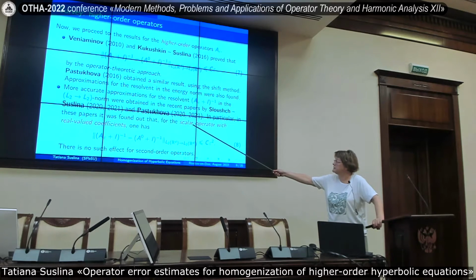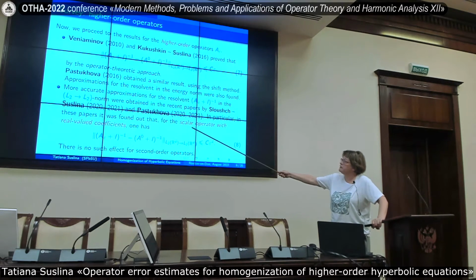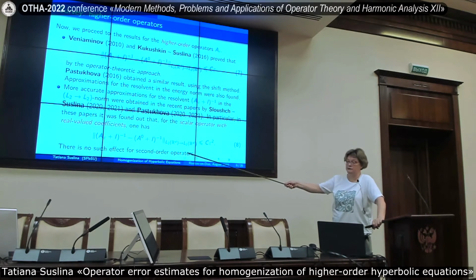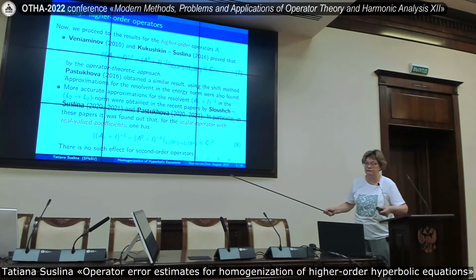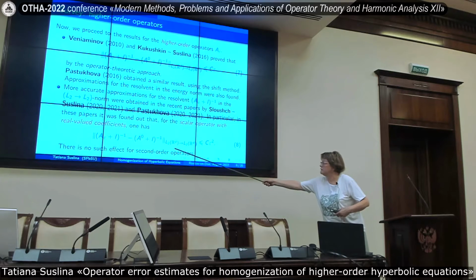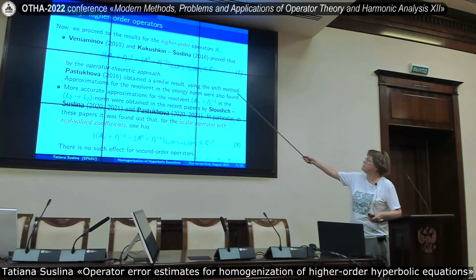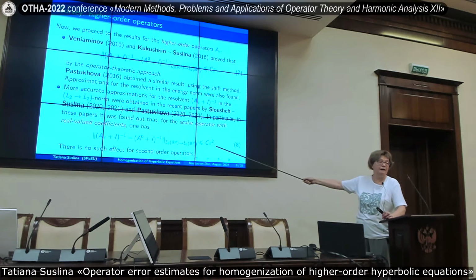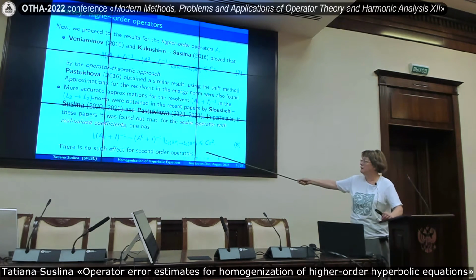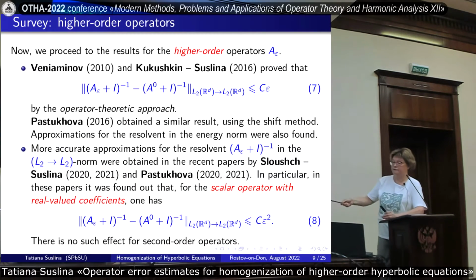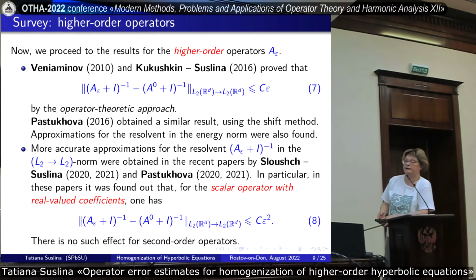What does scalar real case mean? The coefficients are real valued, and n equals 1. So the operator acts on scalar functions, not on vector functions. In this case, we have a better result than estimate 7: an estimate of order epsilon squared without any corrector.